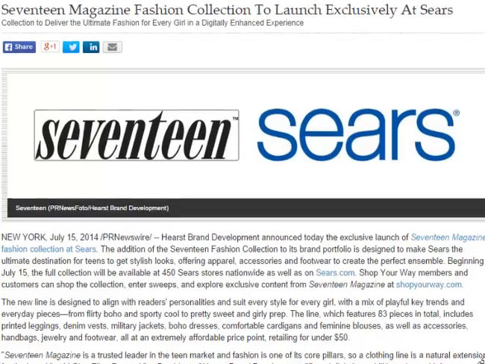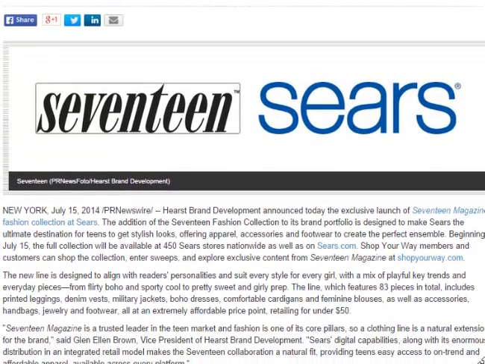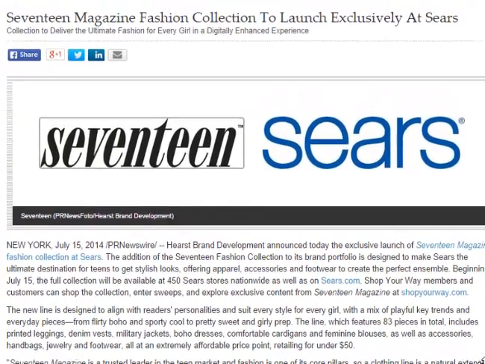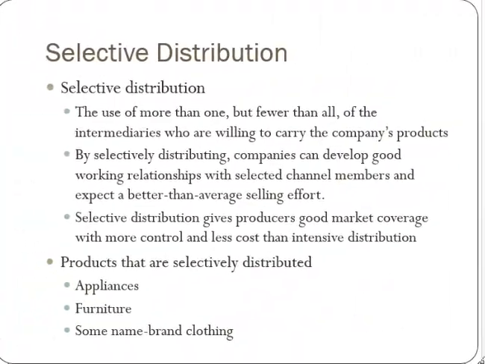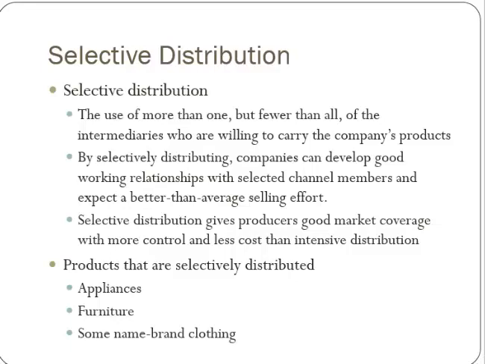Whatever they're launching, cool clothing, some type of jackets and sweaters and whatnot, the point is they're launching it only at Sears. Actually, it says the date is July 15th, and now it's October, so I guess this couldn't really be today's article, but here's another example.